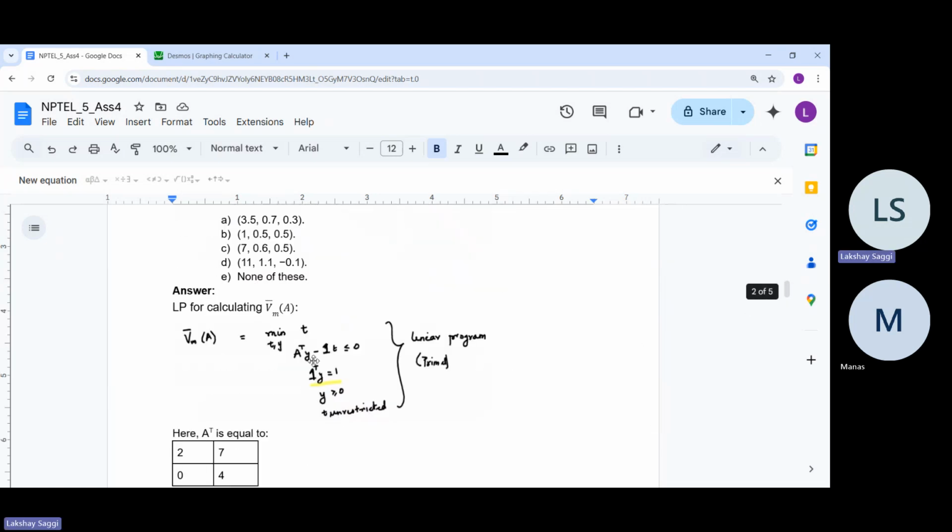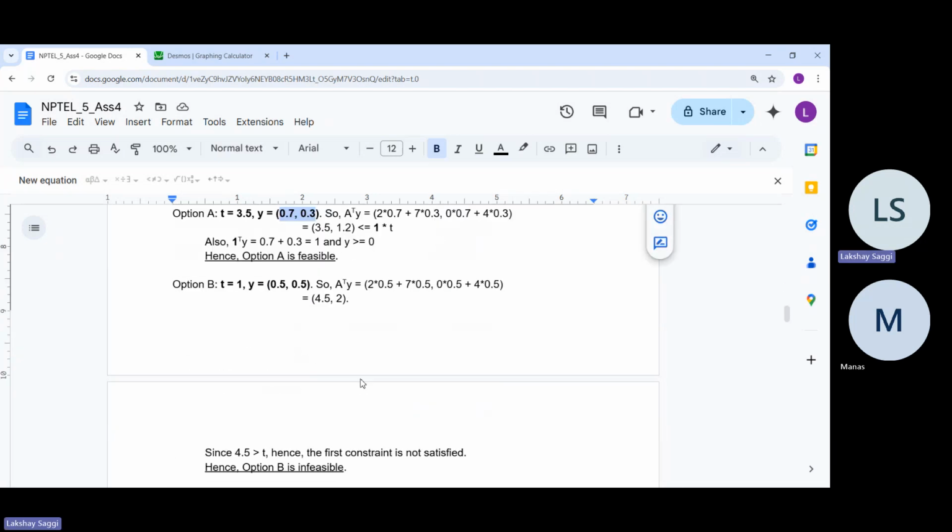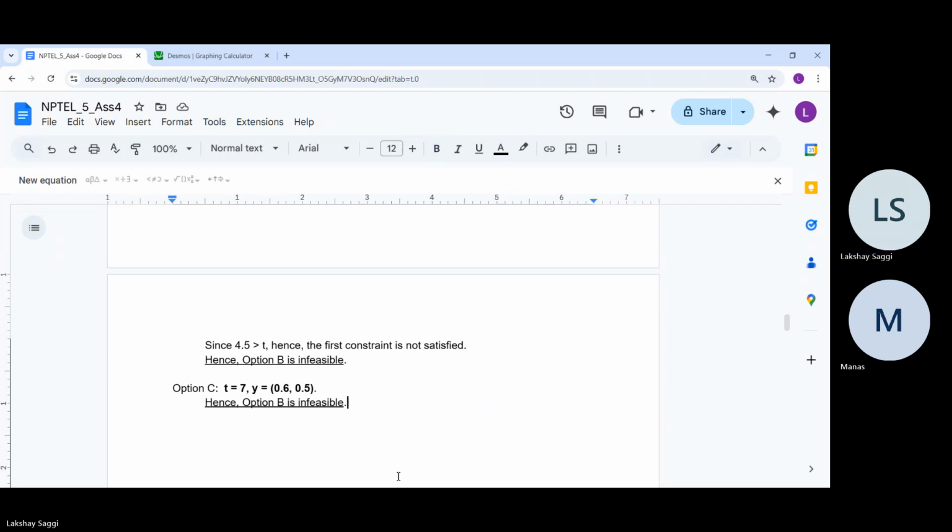So you have to just take these set of constraints and this is how we will have to go about it. And what I believe is it's not too difficult. It's quite straightforward also. So in option C, the infeasibility is actually very obvious.